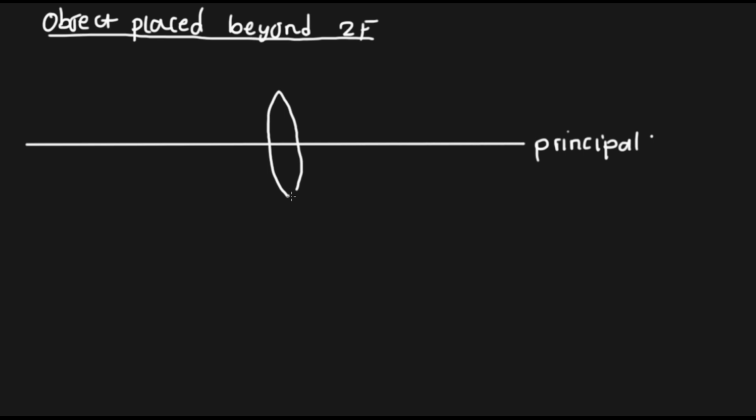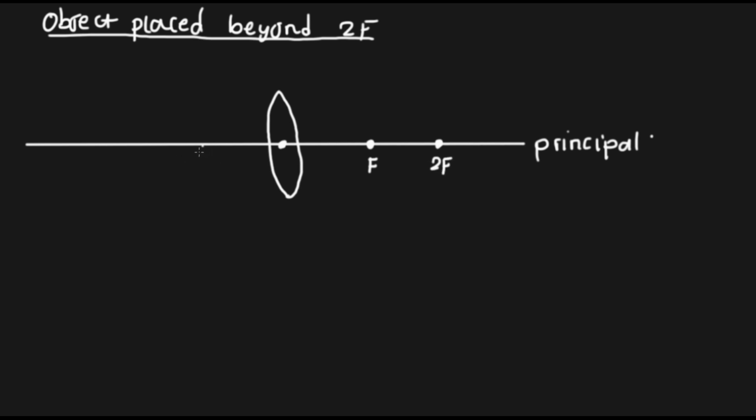Like I said, if the scale is not given, I'll come up with my own scale. I'll just say I'm going to be using 2 centimeters. So from here up to here is 2 centimeters. Let me put this point somewhere here. This point is my focal point number 1. Then somewhere here is my focal point number 2.